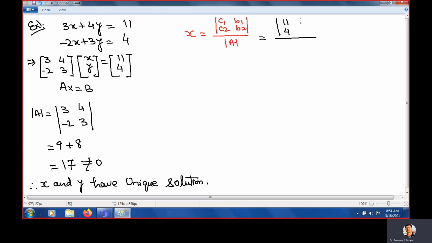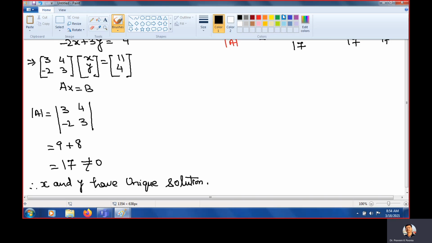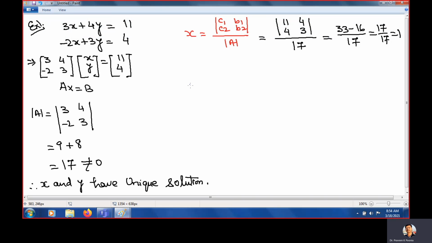B1, B2 is 4, 3. Upon 17, determinant of A. Now simplify. 11 times 3 is 33, minus 4 times 4 is 16, upon 17. So it is 17 upon 17. So the answer is 1. This is how you find the x.